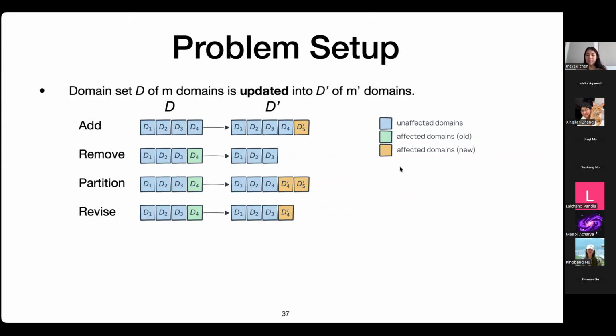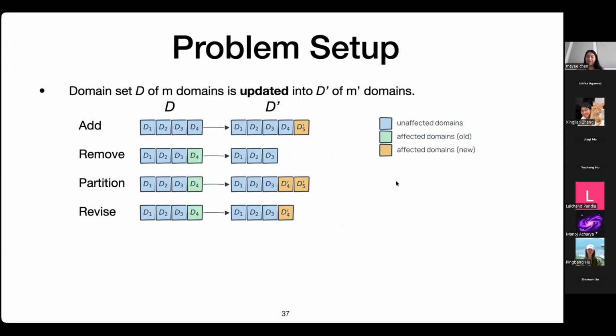So now I'll formally describe the problem of mixing as data evolves. We'll start with a domain set D of M domains, and this is updated into D prime, which consists of M prime domains. And based on our experience, we found there were four major ways that D is updated into D prime. So we have addition and removal. These are pretty self-explanatory. You have a new data set or you throw out one of your old data sets because it's maybe not of sufficiently high utility.